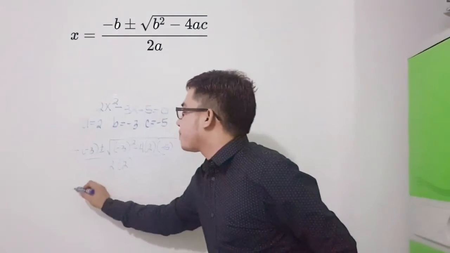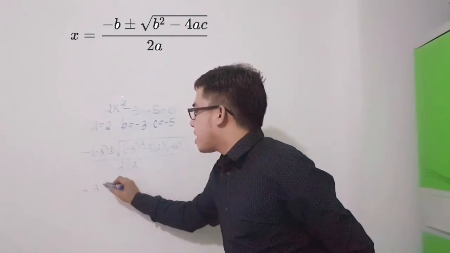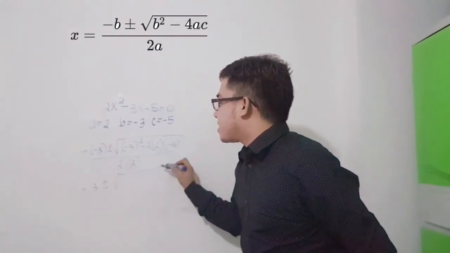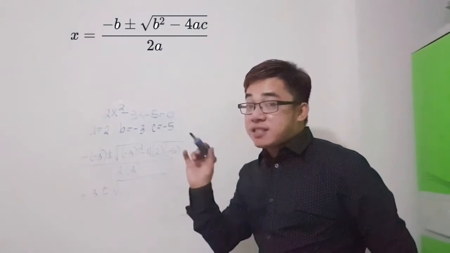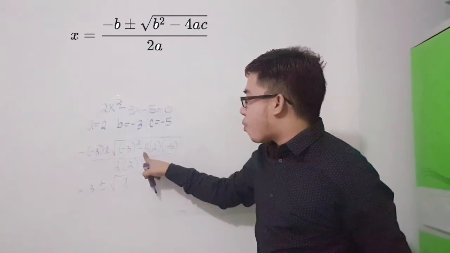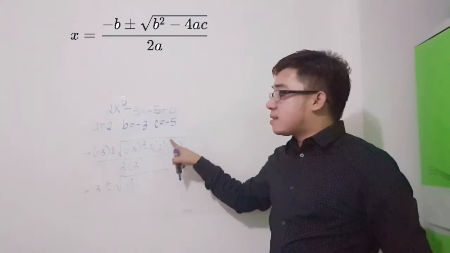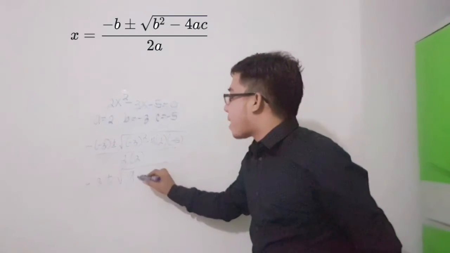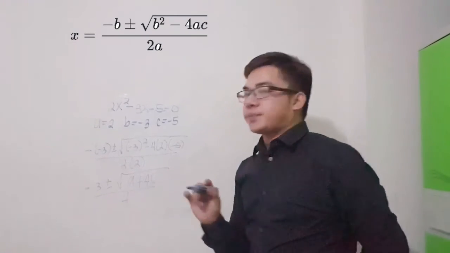Then we will be having negative times negative 3 is positive 3, plus and minus the square root of negative 3 squared. Negative 3 times negative 3 is positive 9. Negative 4 times 2 is negative 8. Negative 8 times negative 5 is positive 40, all over 4.